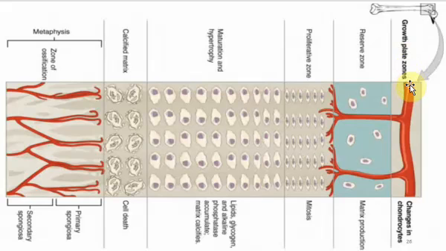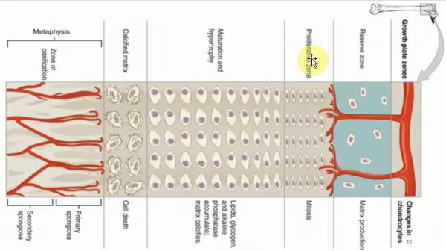So of these zones, this one here is the reserve zone. We'll be discussing much more about it. We have the proliferative zone just beneath the reserve zone. Going down, as if we come from the top of the bone moving downward into the diaphysis, from the reserve zone down we have the proliferative zone.